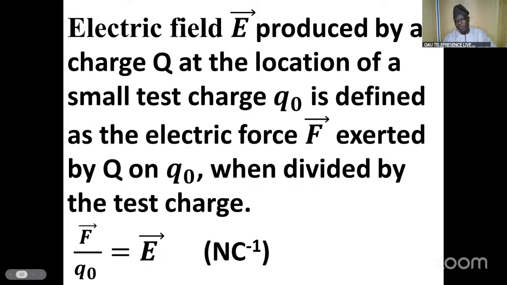We are still dealing with charges and their relationship with the field region and the material on which the charge is operating. So that leads you to the next equation: F over Q naught equals E. And so what is the unit in that case? That's Newton per Coulomb.